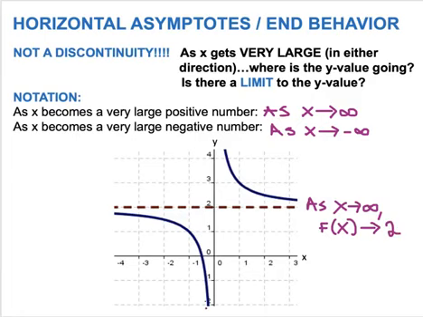Now let's look at the left side. Here we're looking at the bottom branch of our rational function. As x approaches negative infinity, what are the function values approaching? If you continue along, notice that they get very close to, but don't ever reach 2.